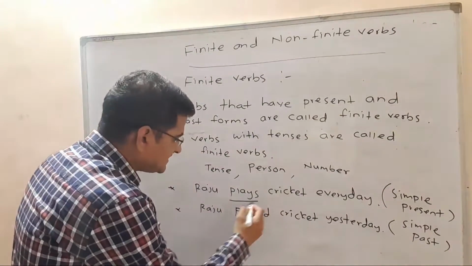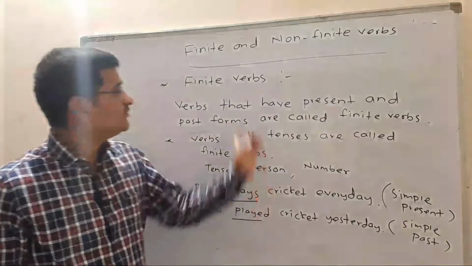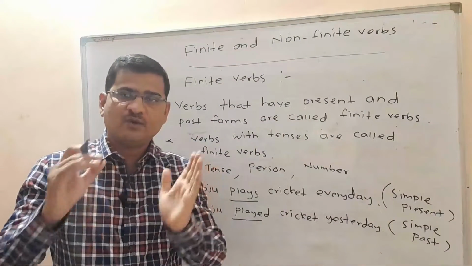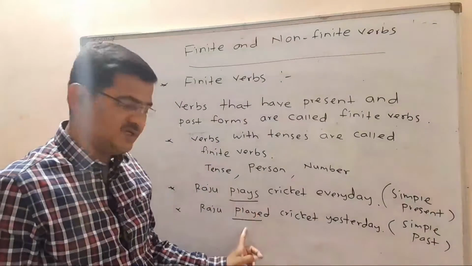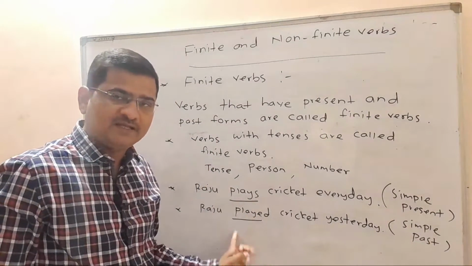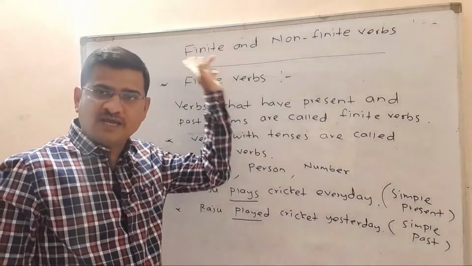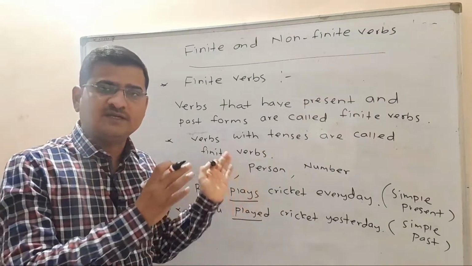Here it is plays, here it is played. So both are the examples of finite verbs. Why? Because according to the tense we are making changes in the verb. That's why plays and played are the examples of finite verbs. Why? Because in the finite verbs we make changes according to the tense.